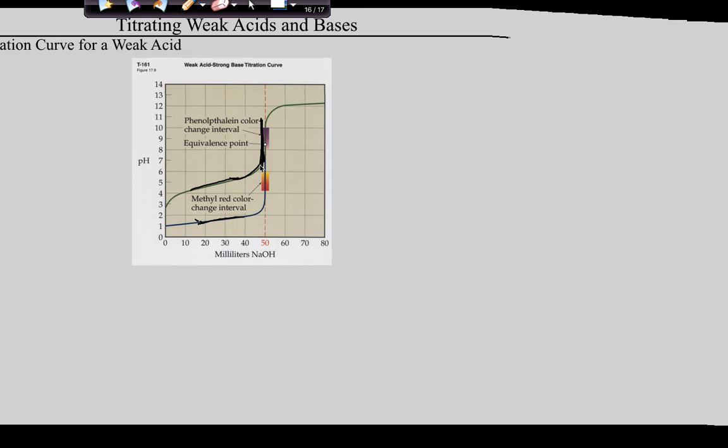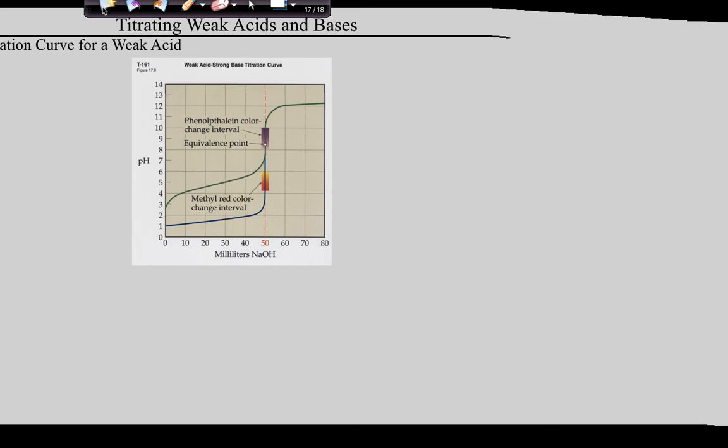In this strong titration, it basically goes from about 3 up to about 11. In the weak titration, it goes from about 7 up to 11. And so, guys, the change in pH is much smaller.